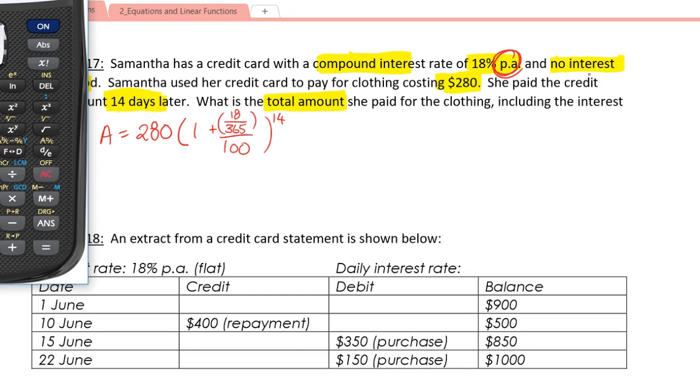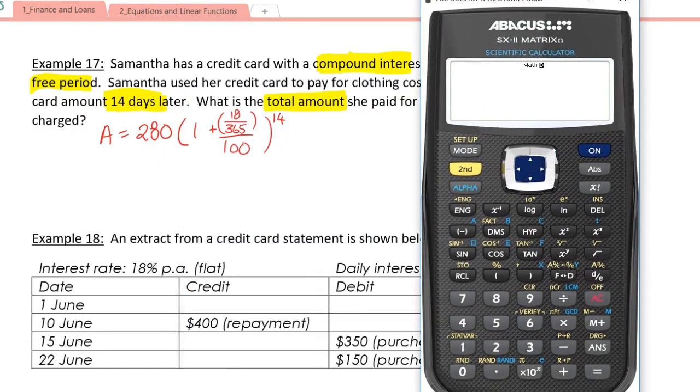Let's have a look here. Pull this down here so we can see the whole lot. So I want to type that in as it appears on my page. 280 outside of 1 plus, I'll put a bracket in, 18 over 365, close the bracket. Over here and close the bracket.